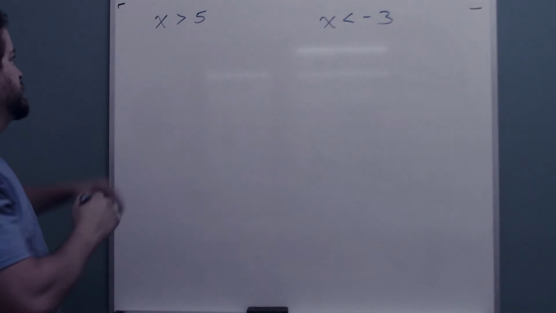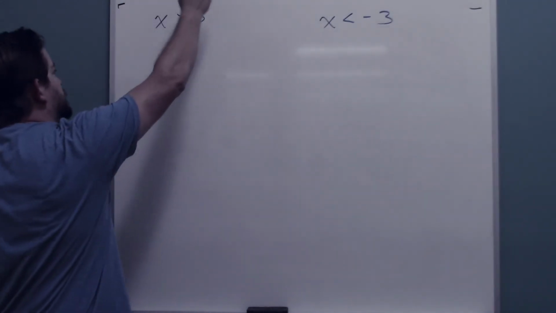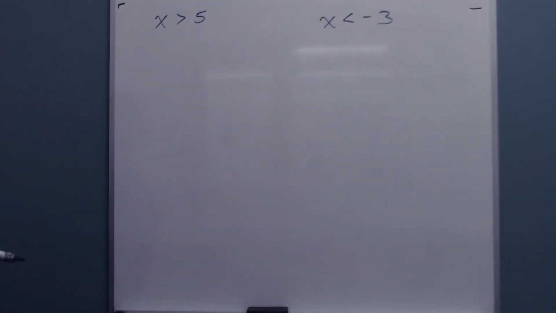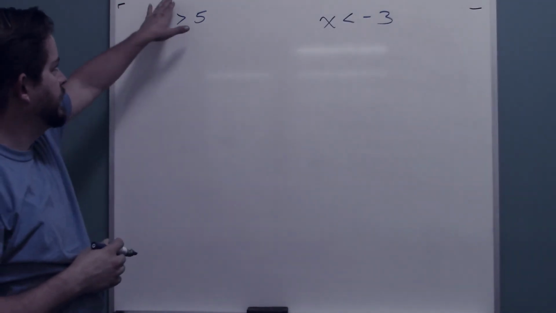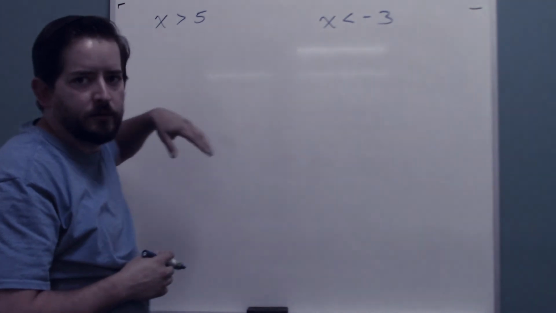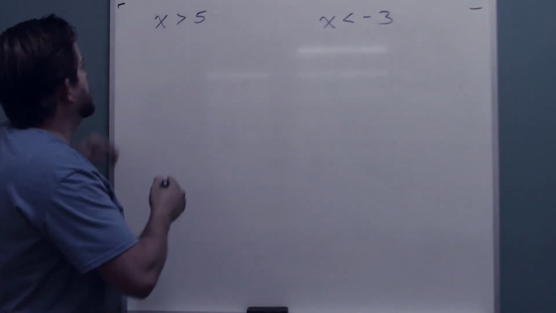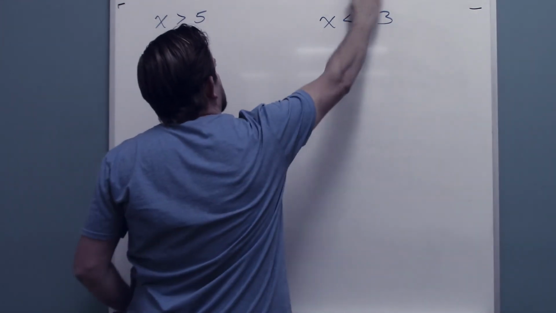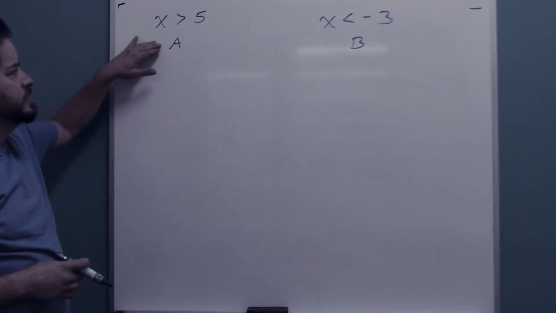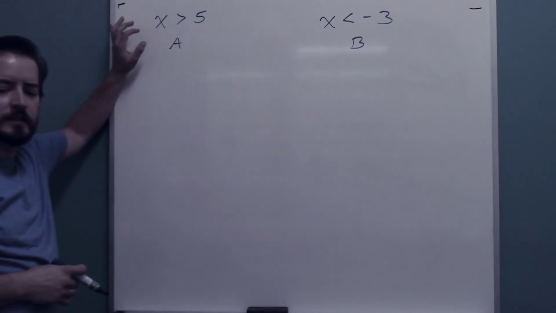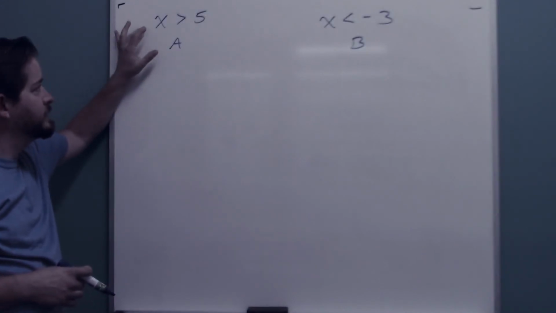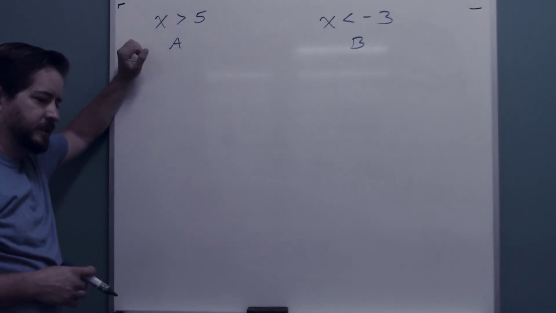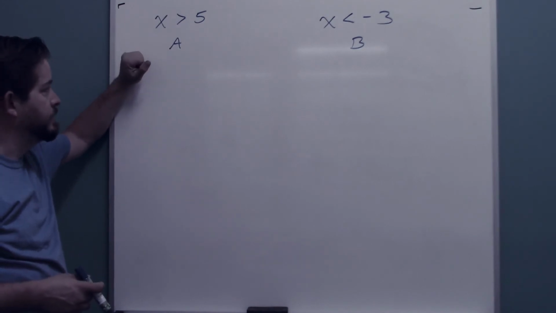So I can call this set A if I want to, and this we would call set B. We kind of lose the notation a little bit when we start dealing with these, because it's easier just to say, well, we know it's a set, let's just call it this limitation that identifies what the set is, right?